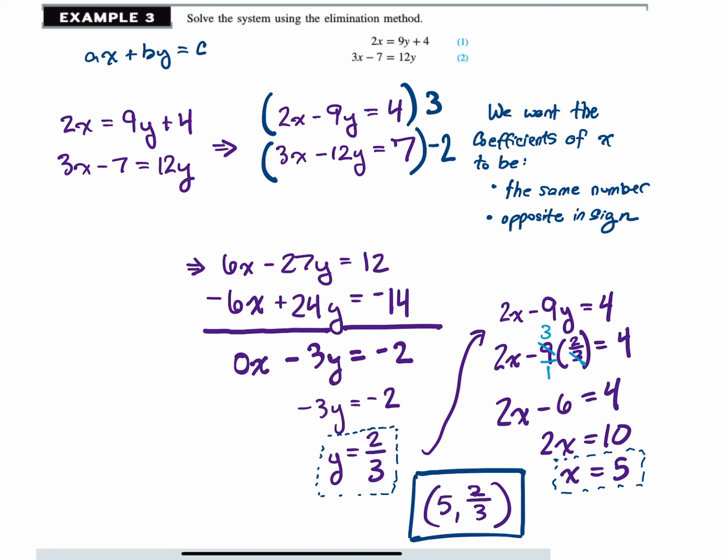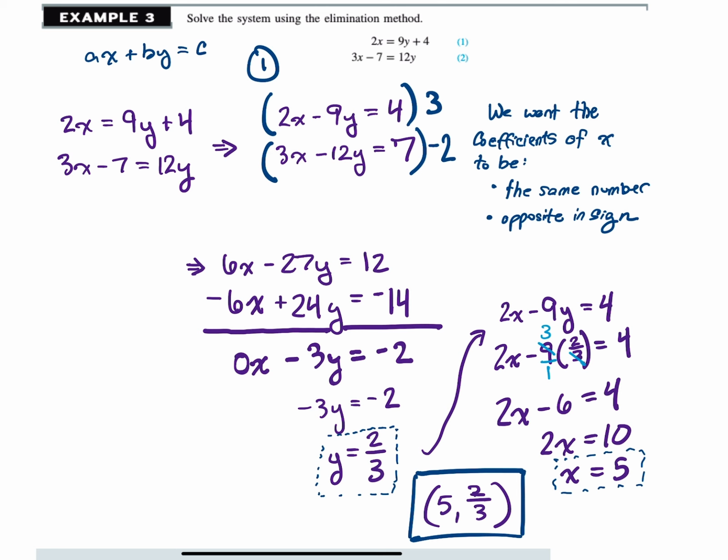So this one was the most involved we've seen so far. We first rewrote our two equations into standard form. I guess I should write that one over here. So we started with those two kind of messy equations, rewrote them into standard form in order to see them properly.